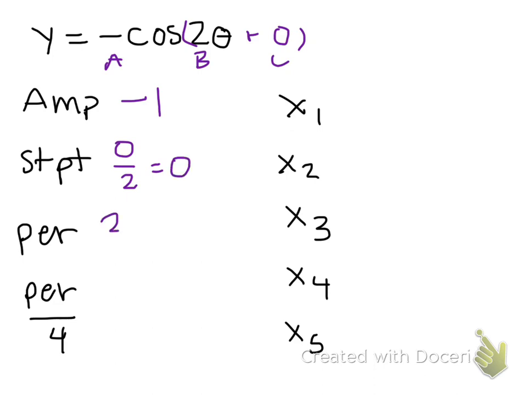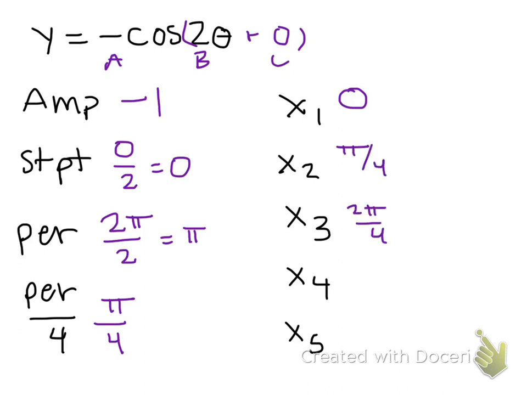My period is 2 pi over b, which is pi, and then period over 4. So my x1 value is my starting point, which is 0, and I'm adding period over 4, which is pi over 4 each time. So pi over 4, then 2 pi over 4, which I can reduce to be pi over 2. Then I'll have 3 pi over 4, and lastly 4 pi over 4, which can reduce to be pi.